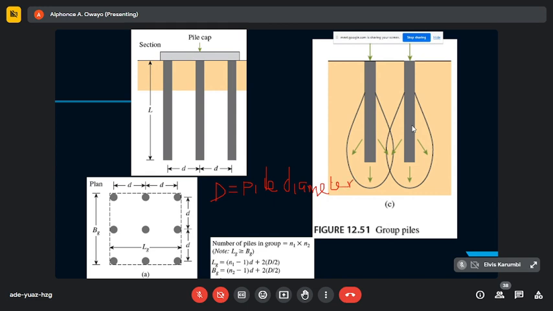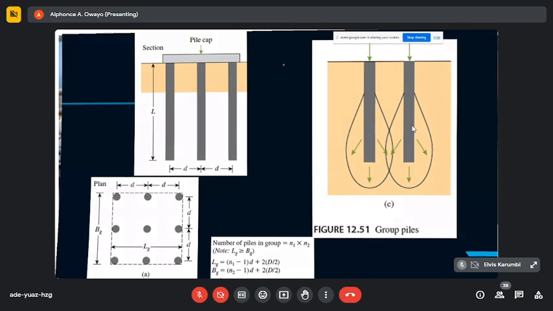And N1 times N2 is just the number of piles. So in this direction, how many? And in the other direction, how many? In this case, N1 equals N2, which is 3 piles. So it should be straightforward.